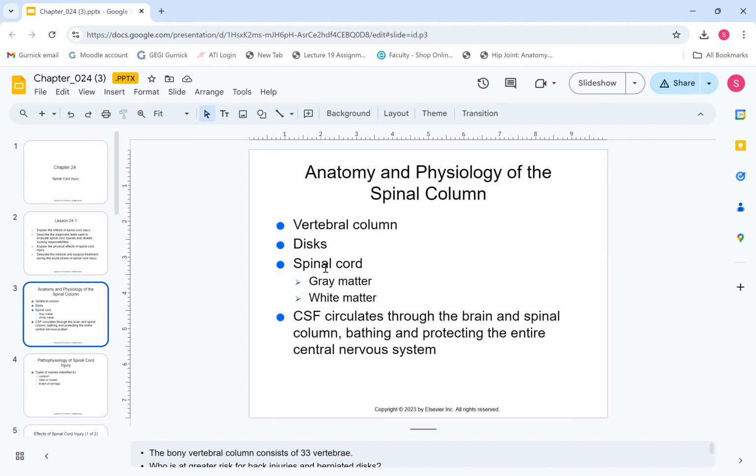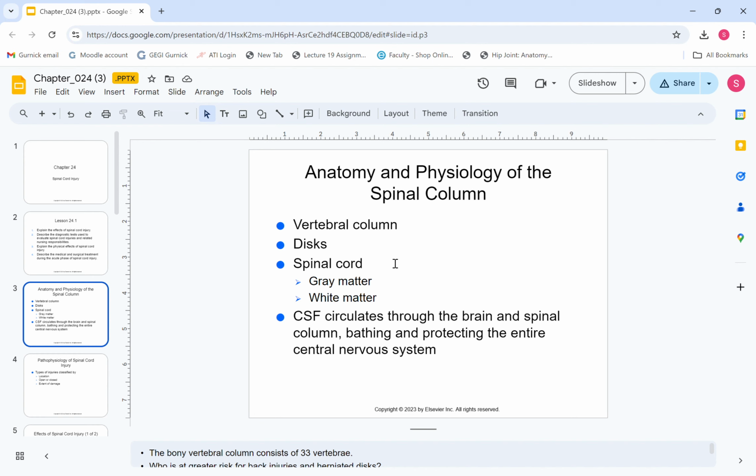All right, within the spinal cord, there's a nice cross section in your book where you can see a butterfly shape in the cross section. That's going to be the gray matter, that butterfly shape, and then surrounding it is the white matter. What's the difference between gray and white matter?